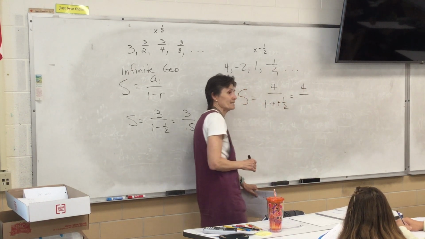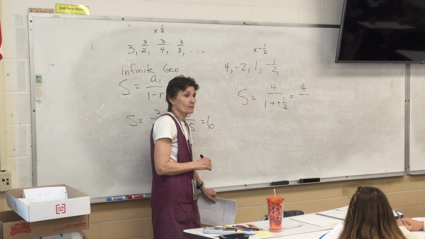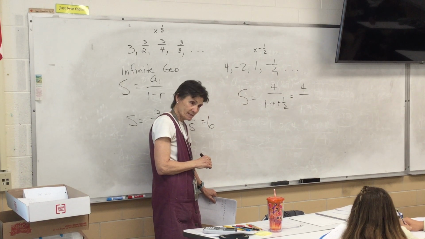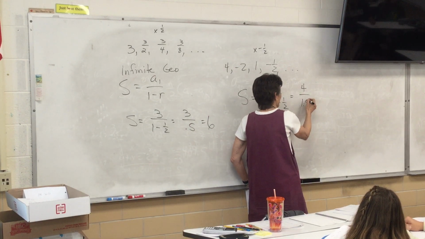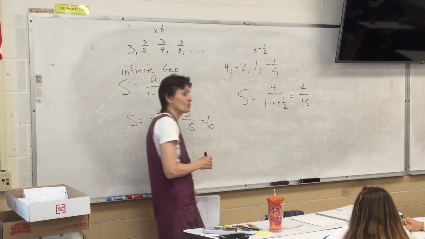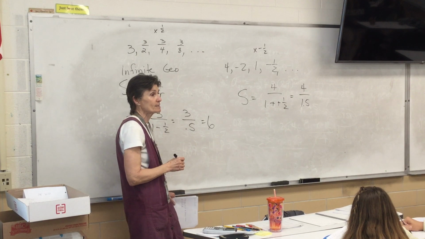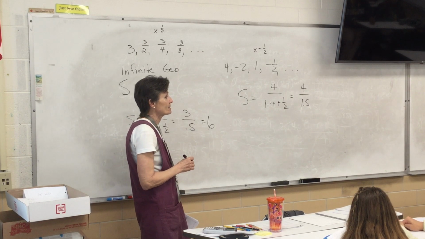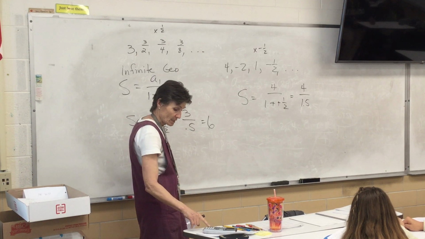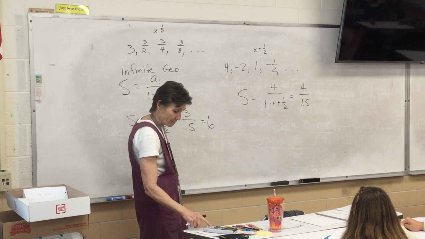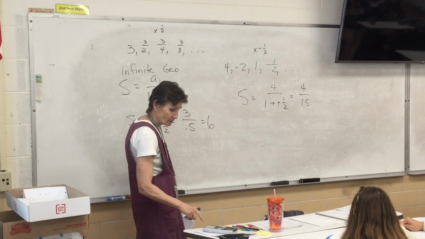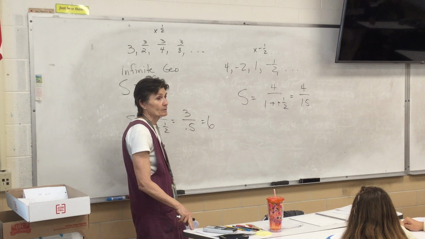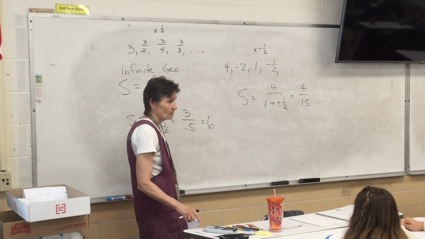What's 1 minus -1/2? Isn't that 1 plus 1/2? So it might make it easier on my calculator if I made that 1.5. Certainly your calculator can handle fractions, but you'll need parentheses, so it's easier just to do that. So 4 divided by 1.5. What'd you come up with? 2.6 repeating.